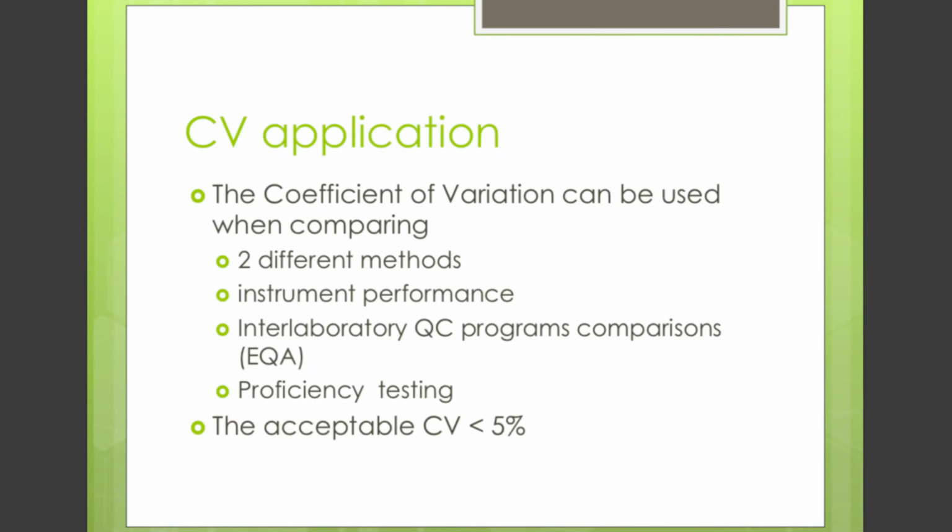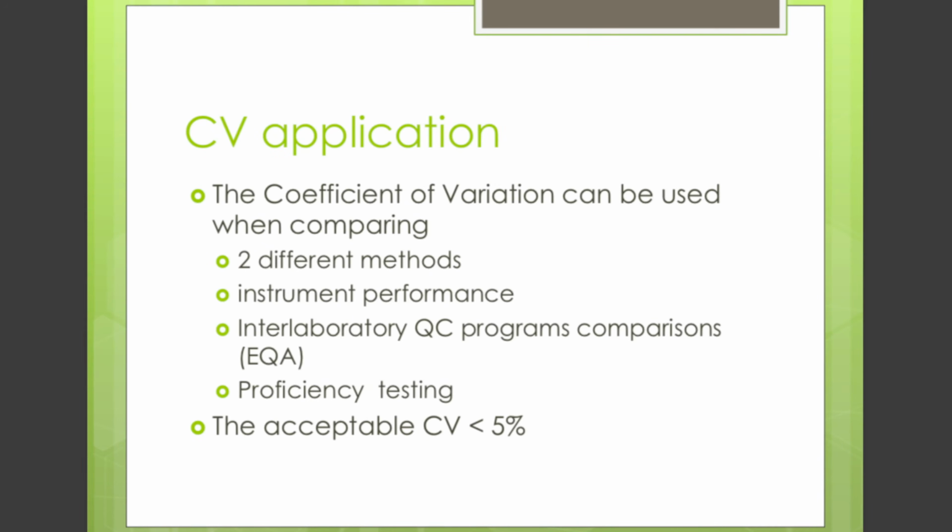The ideal range for a coefficient of variance should be less than 5%. This is what is acceptable. Anything beyond that becomes a point of investigation or an audit to evaluate what the cause might be.